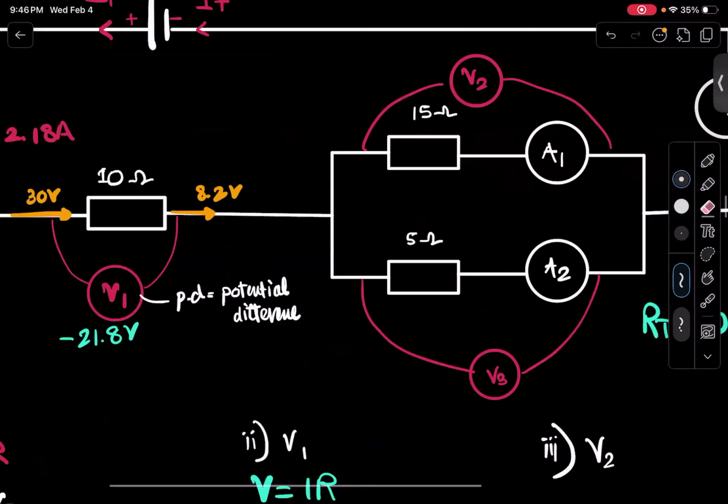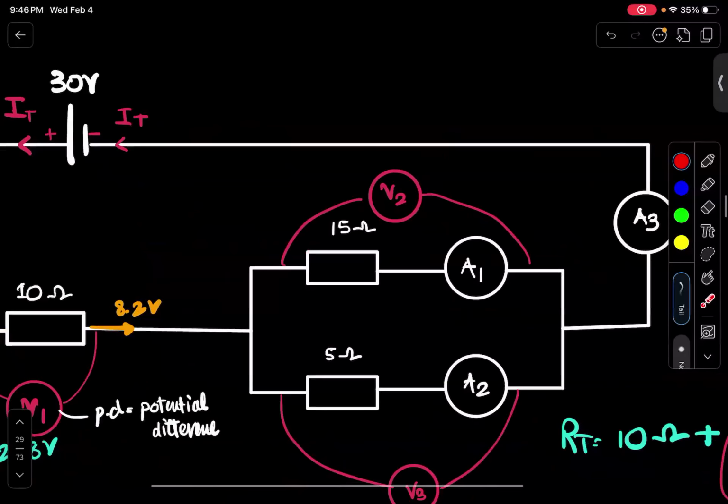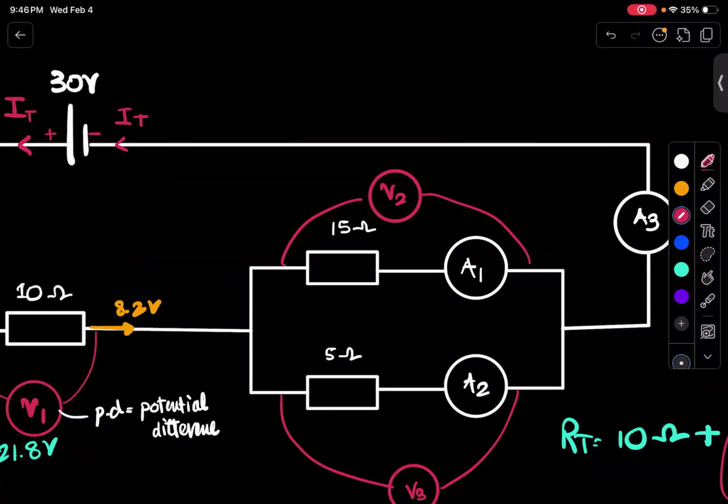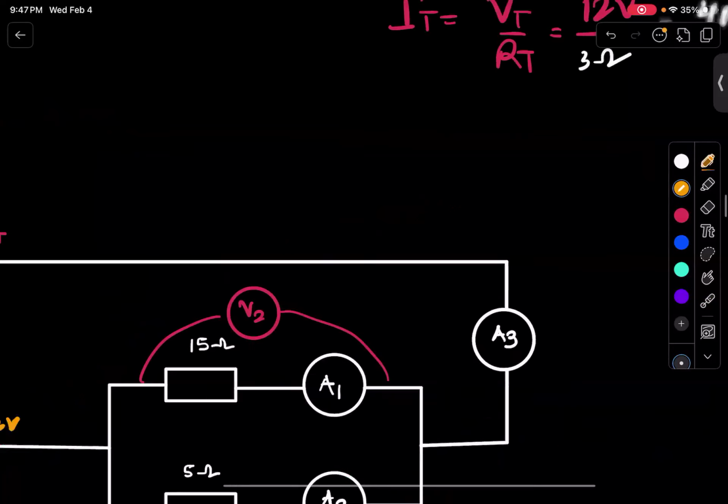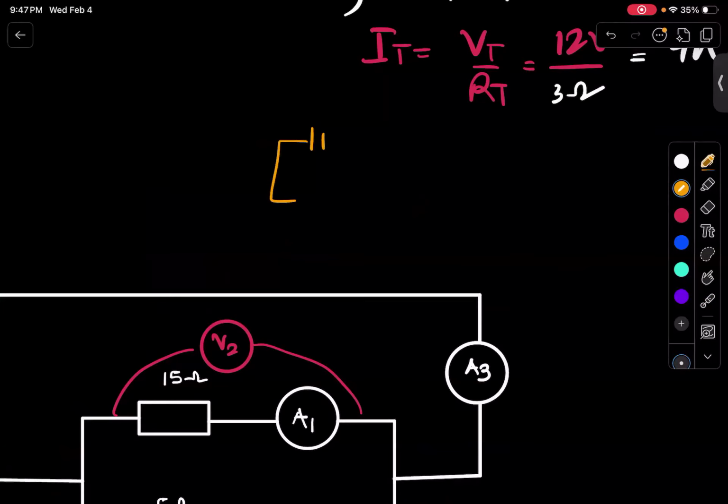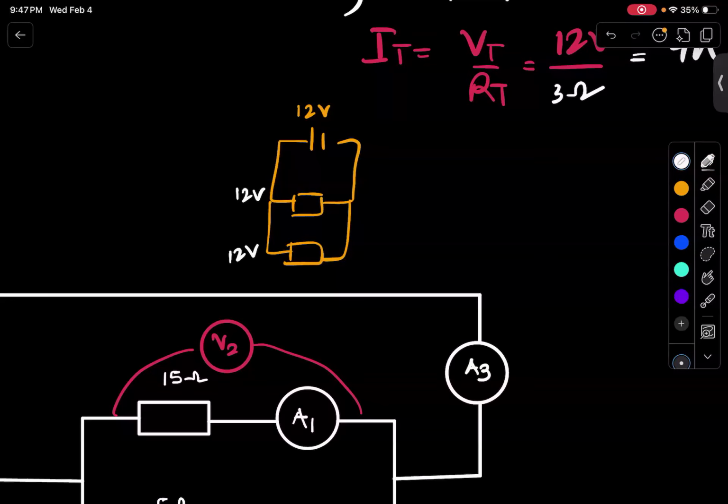So first of all, remember, for parallel, the voltage is the same, right? In parallel circuits, it is the current that divides, but the voltage is the same for both of them. So for example, if you have a battery in parallel with two resistors, and this is 12 volt, then this resistor will also get 12 volt and this resistor will also get 12 volt.